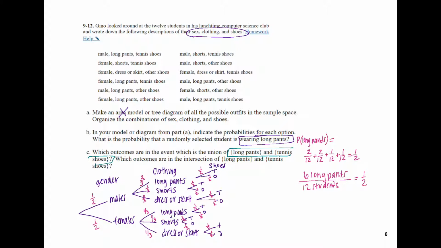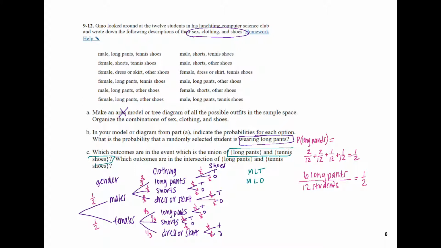So union means or. So we have a male, long pants, tennis shoes. M is for male, L is for long pants, T is for tennis shoes. We have another male with long pants and other shoes.